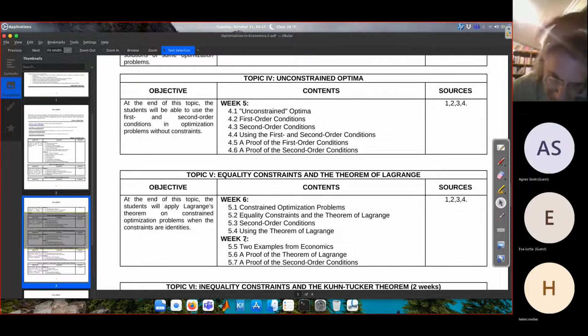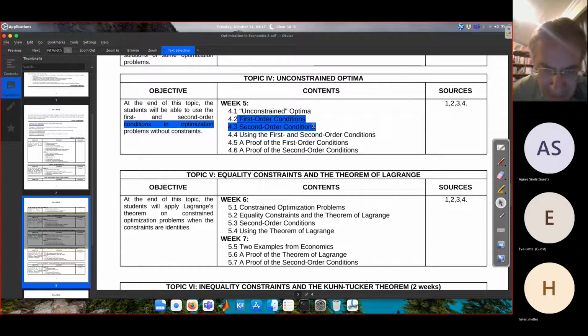And those are the topics we're going to cover: constraint optimization problems, equality constraints and the theorem of Lagrange, second order conditions using the theorem of Lagrange, 2 examples from economics, and then we're going to prove the theorem of Lagrange and the second order conditions.